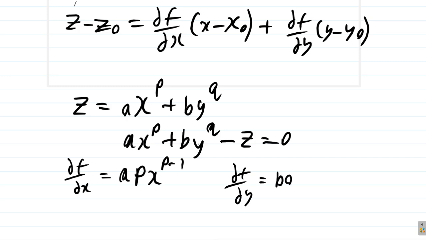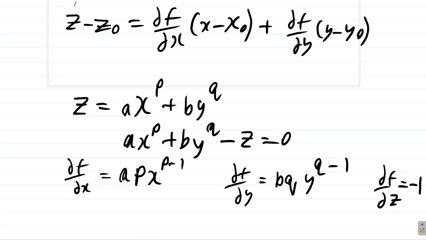It is bq y to the q minus 1. What is delta f by delta z? Well, from looking at this, you differentiate z with respect to itself, you get 1. But there's a minus sign there, so it's negative 1.